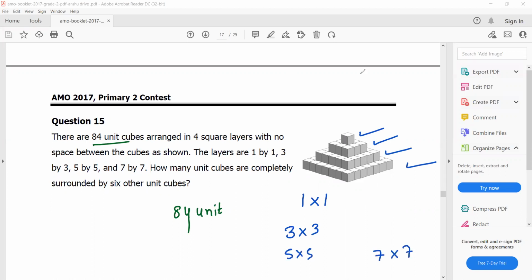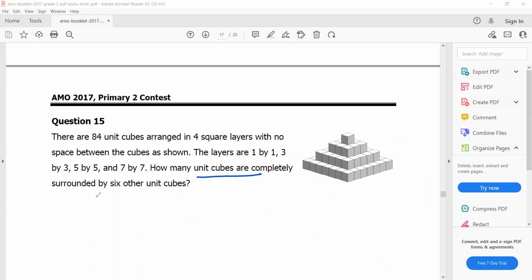So the question being asked is, how many unit cubes are completely surrounded by 6 other unit cubes? If you take this one, then definitely you can see 1, 2, 3, 4, 5. This will not be surrounded. But the one below this will be surrounded by 6, no? I cannot explain it by drawing, but you can understand that just below this square will be surrounded by 6.